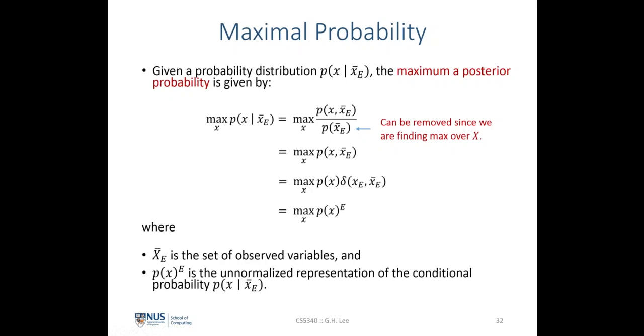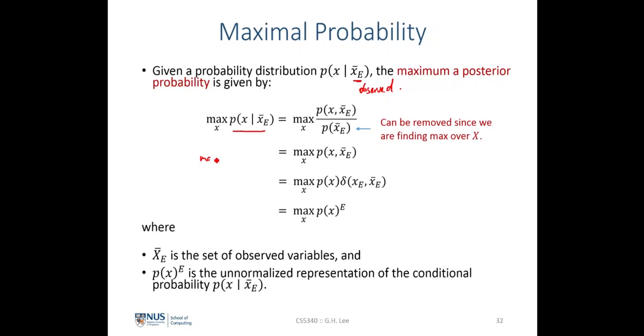And interestingly, we will see that this can be done using the max product algorithm, which is related to the sum product algorithm that we saw earlier for inferring the marginal probability as well as the conditional probability. So given a probability distribution of x conditional upon xe, where xe are all the observed random variables, the maximum a posteriori probability is written in this form: the max over x of this conditional probability.